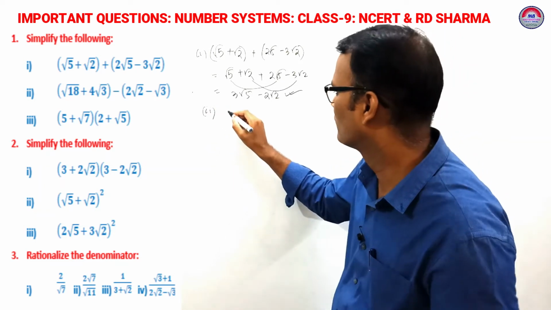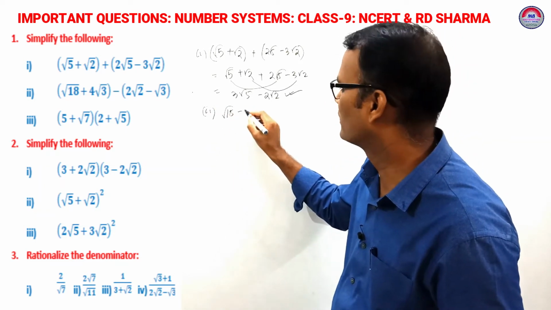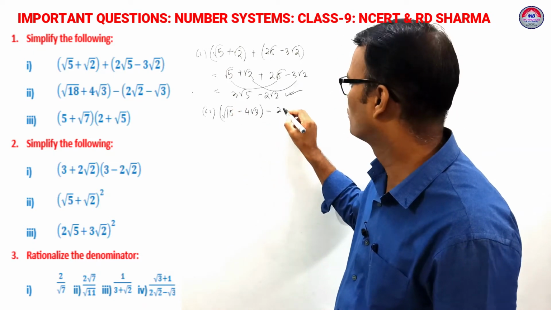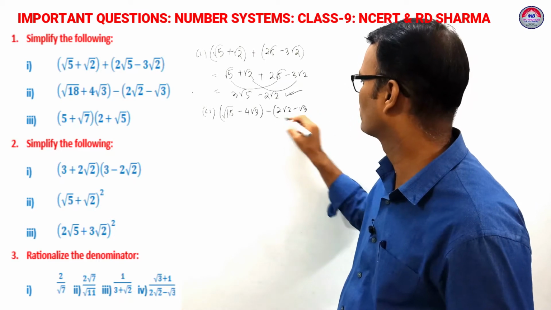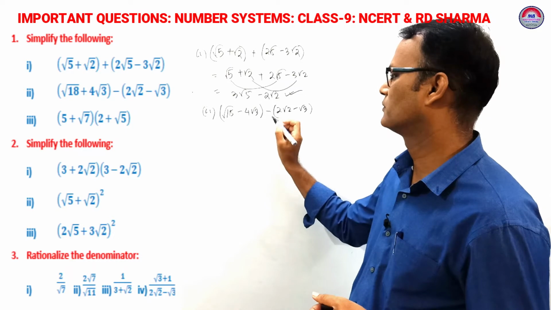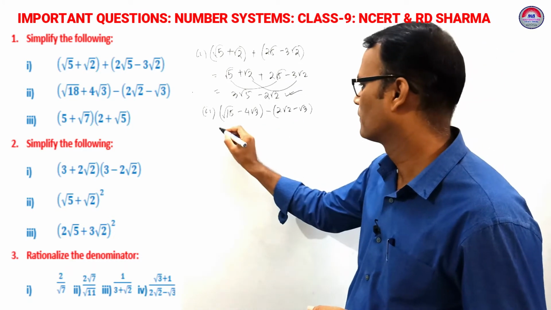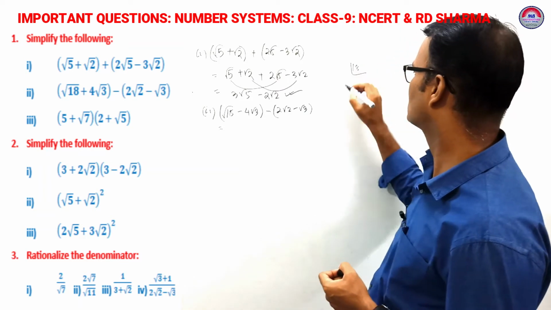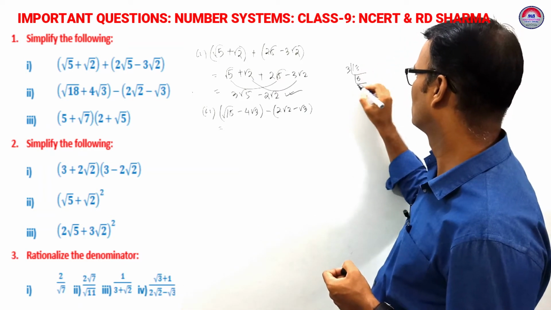Second, root 18 minus 4 root 3 minus bracket 2 root 2 minus root 3. You see here, just open the bracket using this sign. Now root 18 you can write as root 18, factorize it: 3 6 3 2.